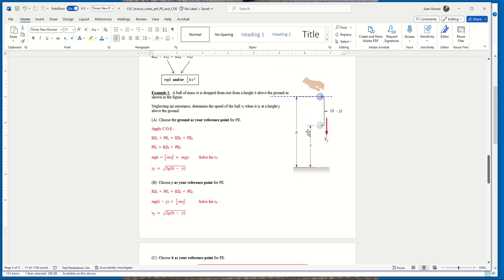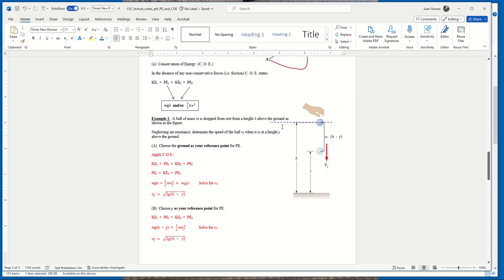Well, I want an expression for the ball when it's at a height of y above the ground. It's released from rest at a height of h. When it is at a height of y above the ground, I want an expression for the final speed. Now remember, this is gravitational potential energy.